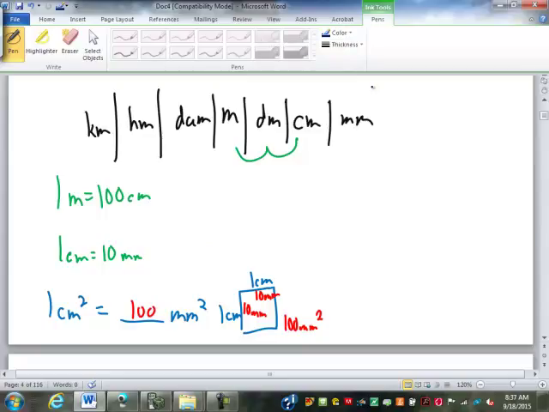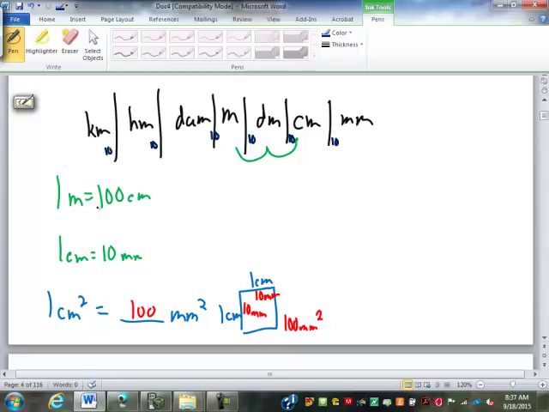When I look at this, just like in the standard units, in the metric units, all the conversions were squared. When I was looking at units of length, anytime I moved 1 spot on the chart, I was multiplying or dividing by 10, right?